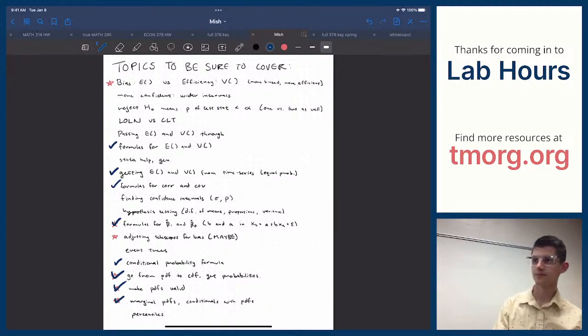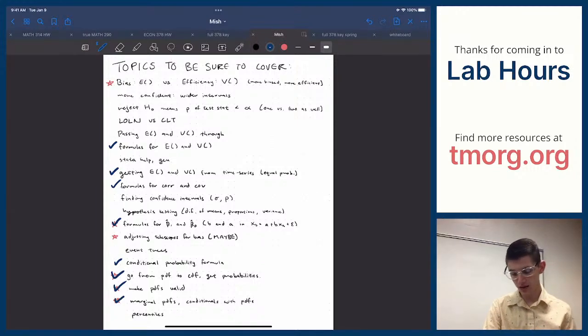Would that ever change if your graph is, for example, on some of the tables, you integrate from the right to the left? Yeah, so even on the chi-squared table, that still applies.